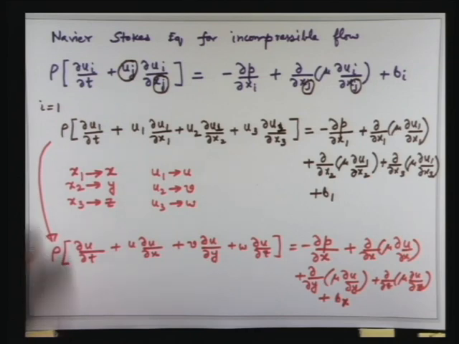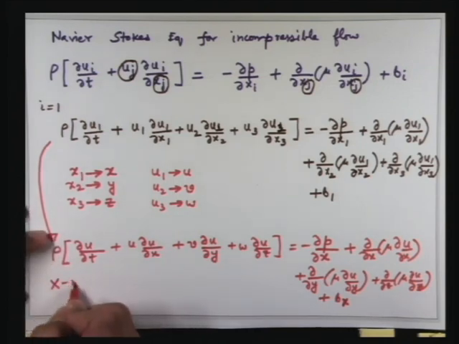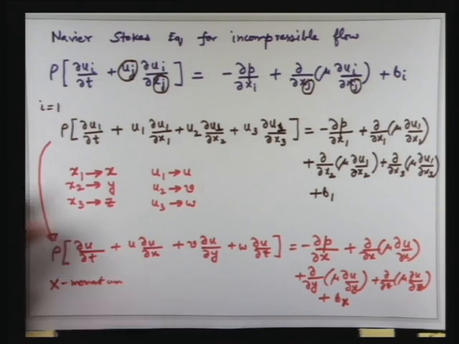This is nothing but the x momentum equation. Similarly, for i equal to 2 we will get the y momentum, and for i equal to 3 we will get the z momentum equation. So let us write the y momentum and the z momentum equations.